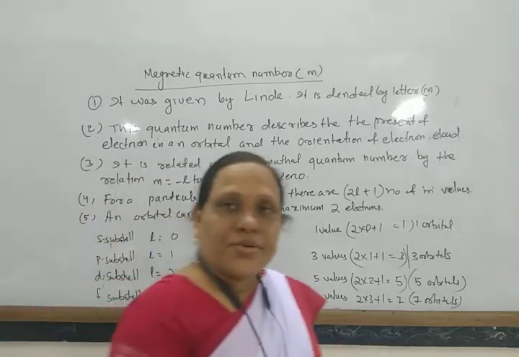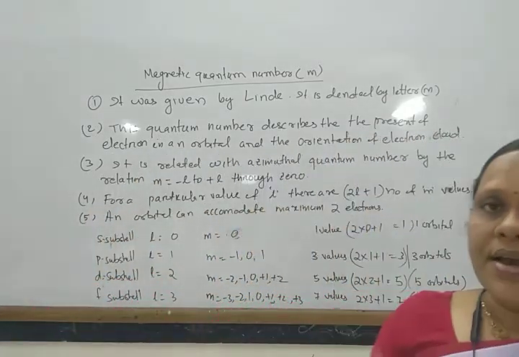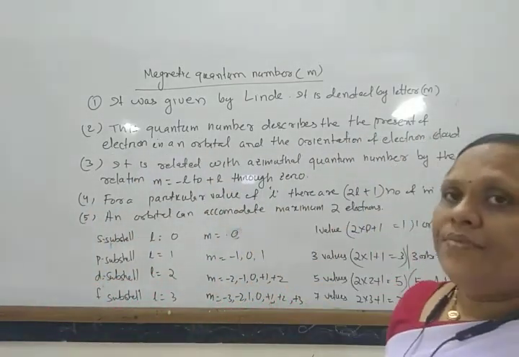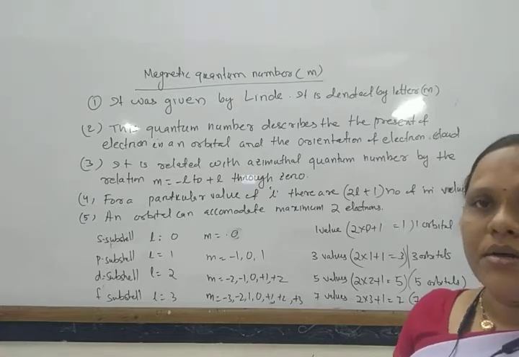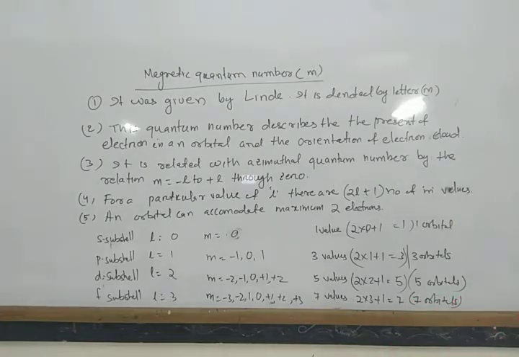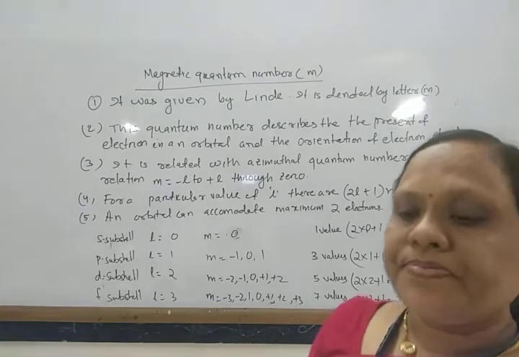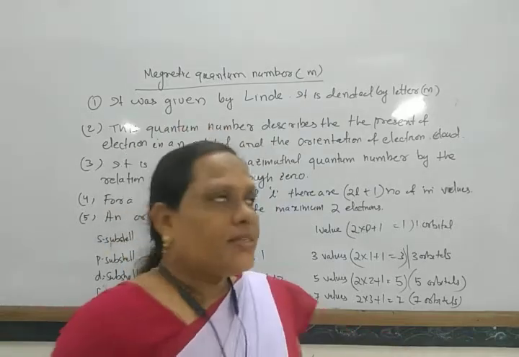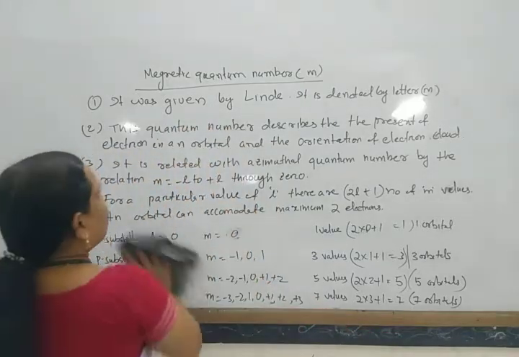In this way, in which orbital the electron is present is given by the magnetic quantum number. Just note this down. Okay, so this is about the magnetic quantum number.